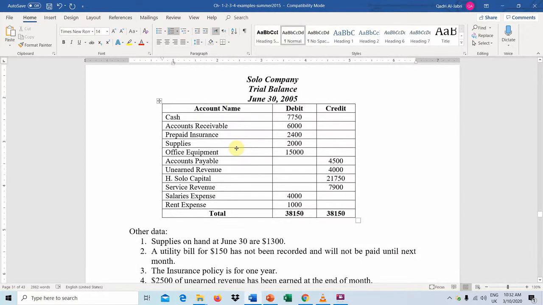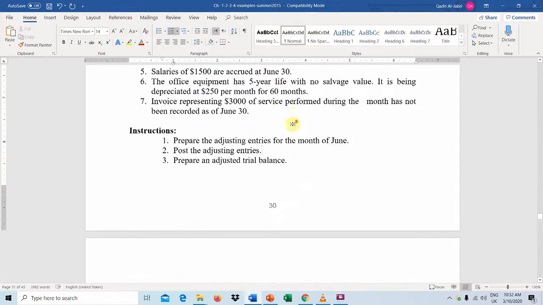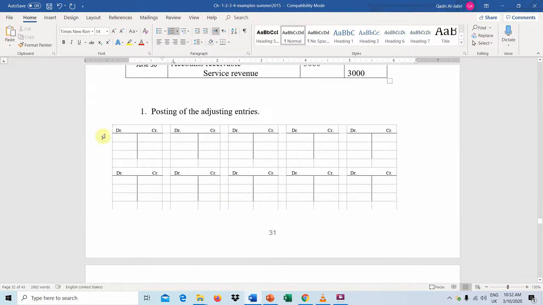Now, next step, after you do the adjusting entries, again you have to post it to the ledger. The first step is that I will update the T accounts on the ledger by the beginning balances, or by the balances that we have on this trial balance. So, okay, let's do it together.